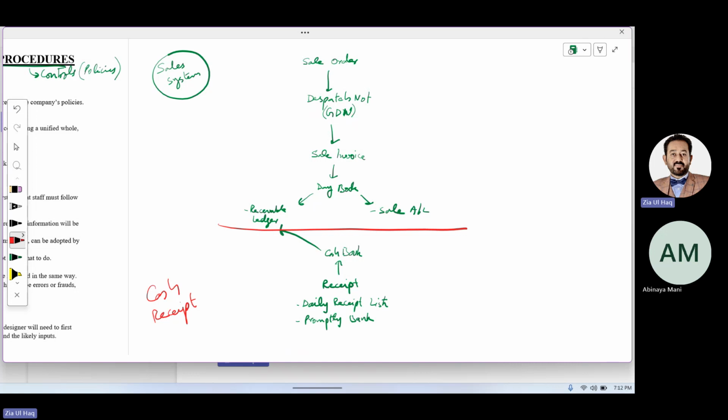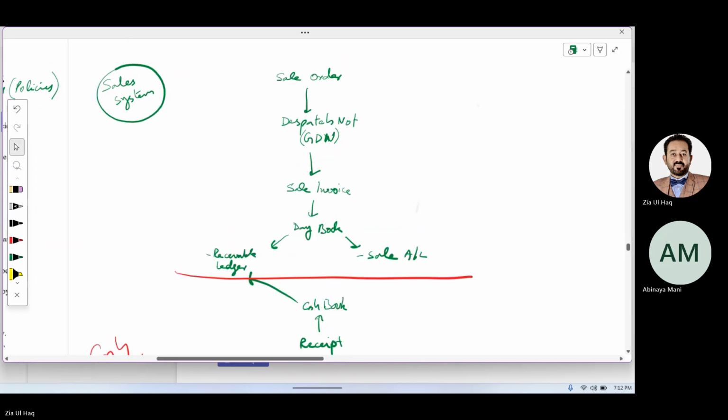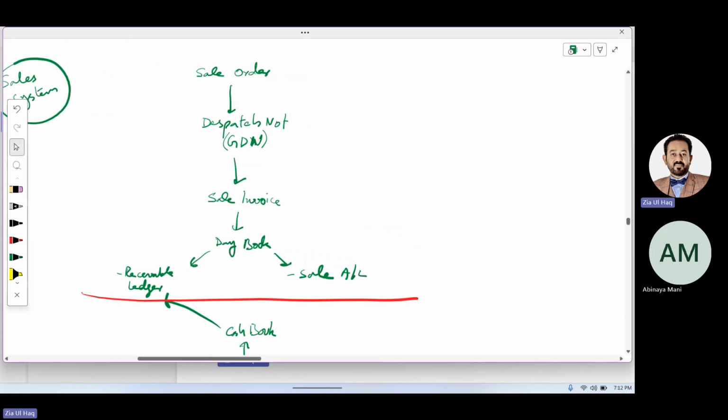Now we need to learn what the controls, policies, and procedures in this system are. The control: while receiving an order from the customer, the company needs to check stock availability. If we are receiving an order of 90 units, do we have 90 units in our inventory warehouse or not?